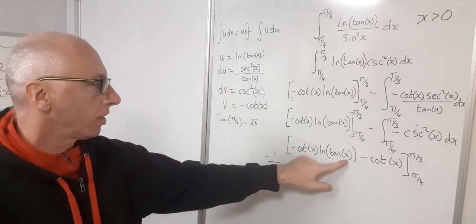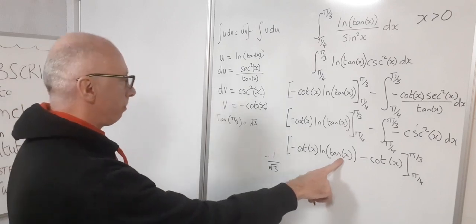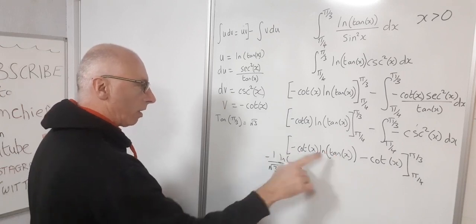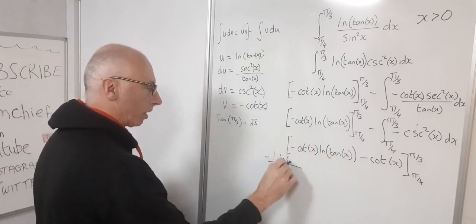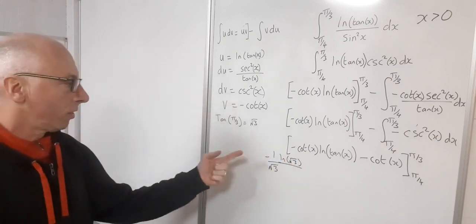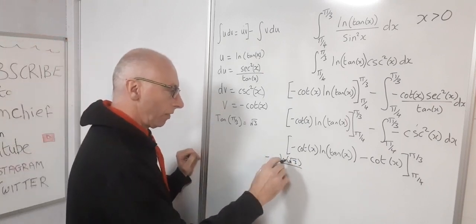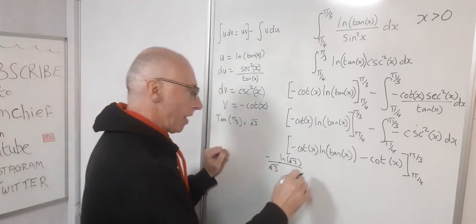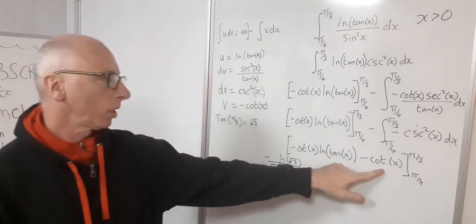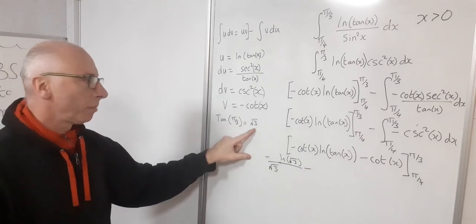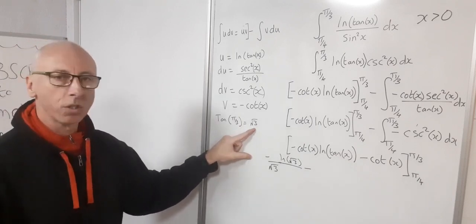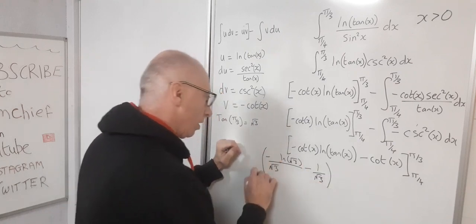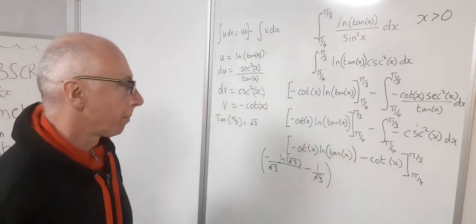And then log of tangent of pi over 3, so I'm going to multiply this by the log of square root of 3. That takes care of all of that. I've just got negative logarithm of square root of 3 divided by square root of 3. And then I subtract cotangent of pi over 3, which will give me 1 over square root of 3. So that's all of this first bit.